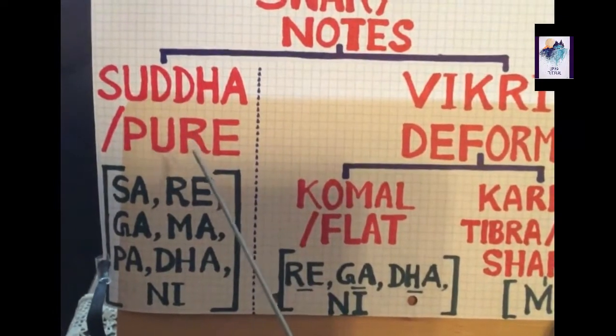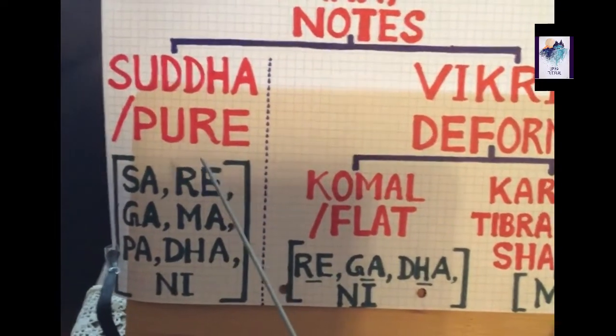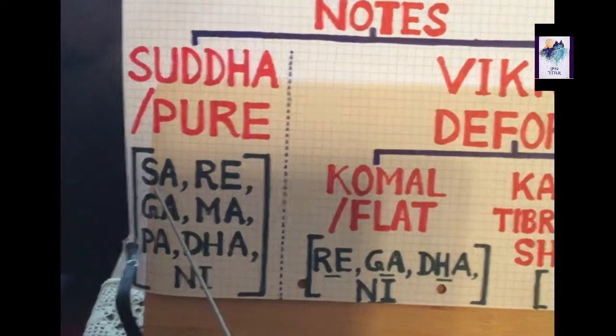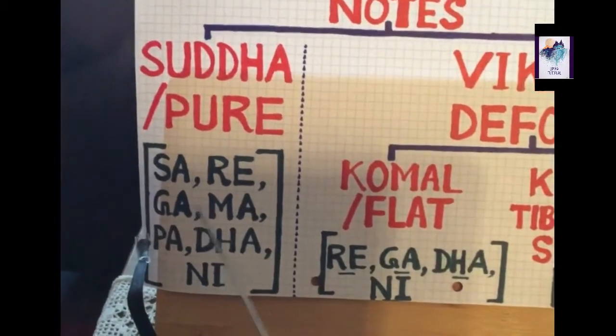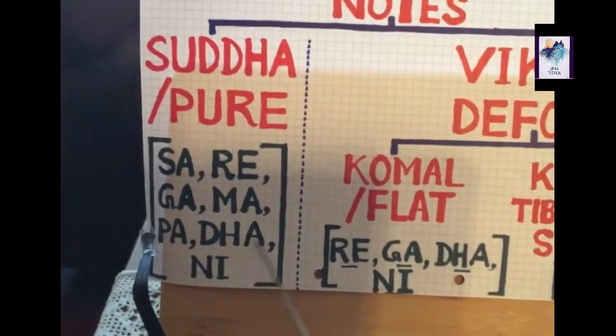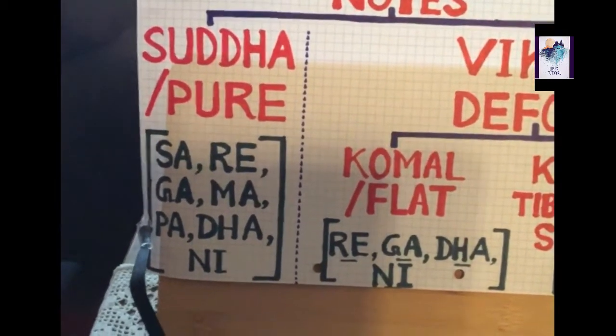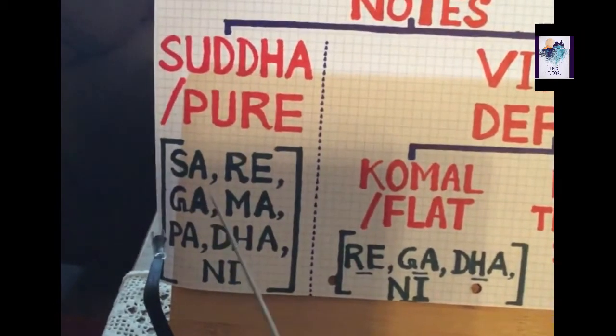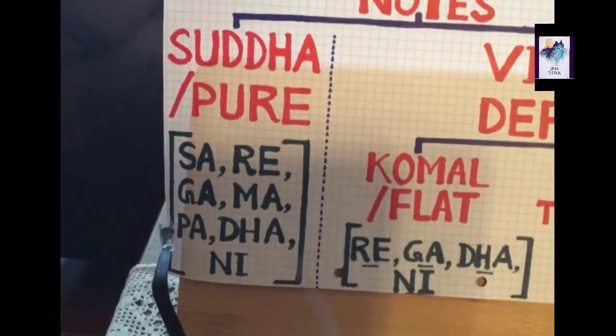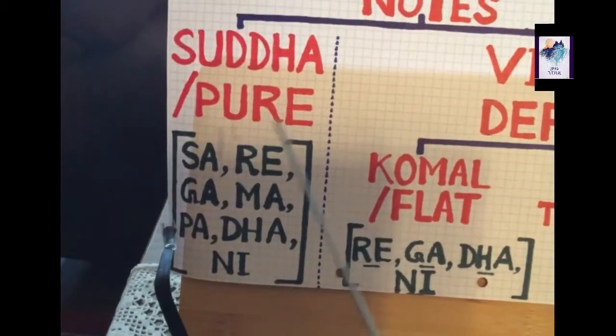Now Shuddha or pure notes have no sign, just Sa, Re, Ga, Ma, Pa, Dha, Ni. There are seven Shuddha notes, you know. So, Sa Re Ga Ma Pa Dha Ni, we just write in this way.